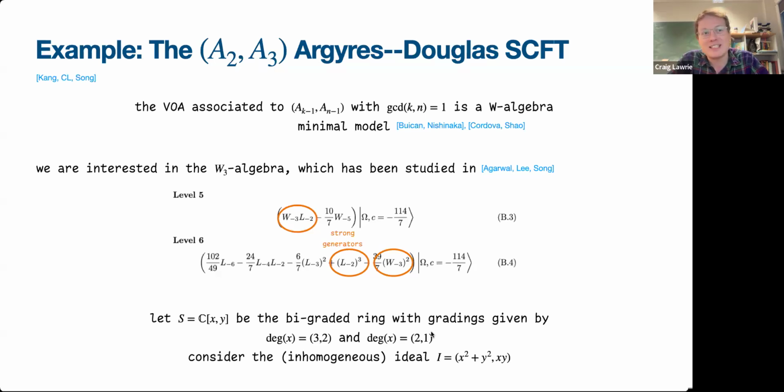The second grading is supposed to correspond to the Macdonald T grading. I know that L minus 2 is the stress tensor, so I know its T grading should be 1. I'm using that piece of knowledge to put this grading here, the 3, 2 and the 2, 1. So I'm really only telling you how to derive the ring explicitly and not explaining how to derive the bifiltration on the ring.